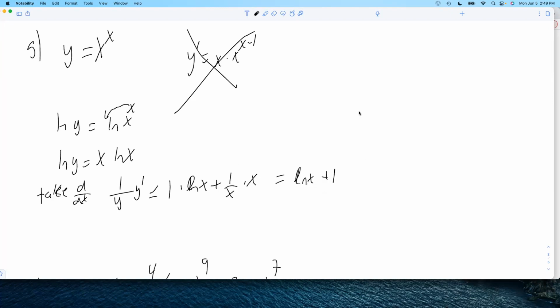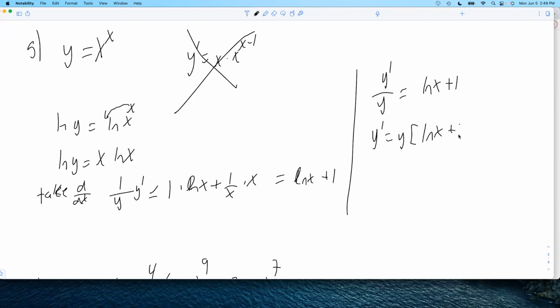So that's just ln of x plus 1. Get some canceling there. So now just bringing everything up, I have y prime over y equals ln of x plus 1. I want to solve for y prime. So y prime will be the original y times this stuff. But I know what y is.